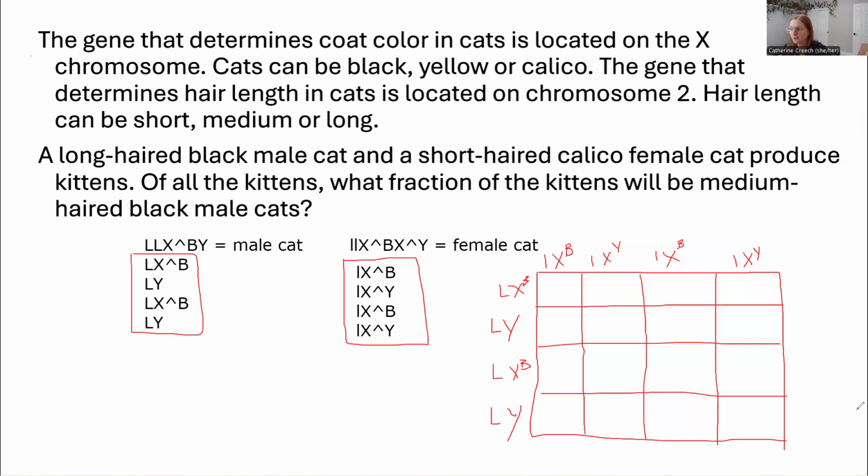Then you drop down, you fill them in, and you count how many will give you medium furred black kittens. So all of them will give you medium fur. So you look for the black male kittens. Here's going to be your males. So these 2 rows are going to be males. And then these rows would give you black fur because you're inheriting the black from your mom.